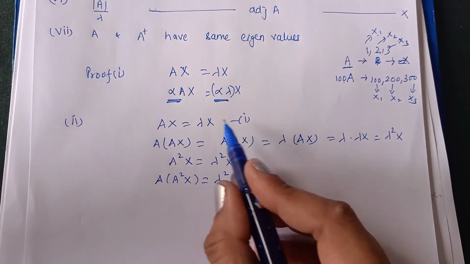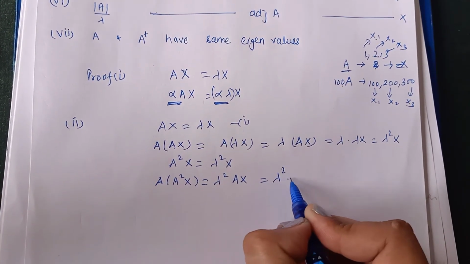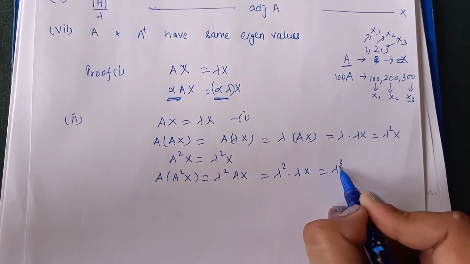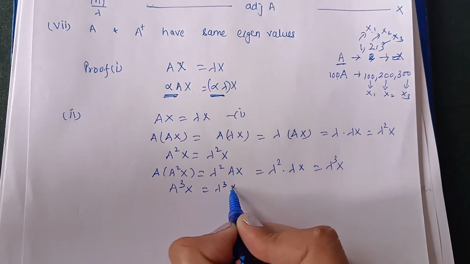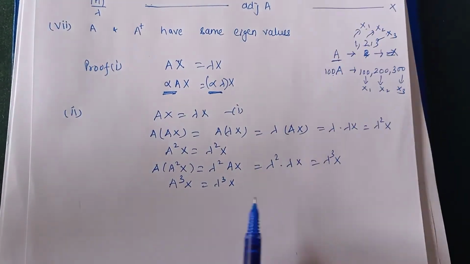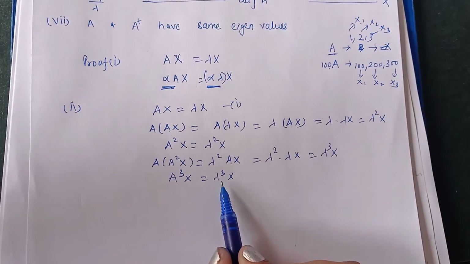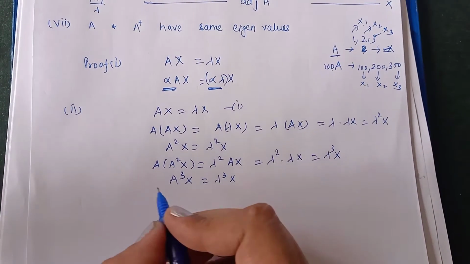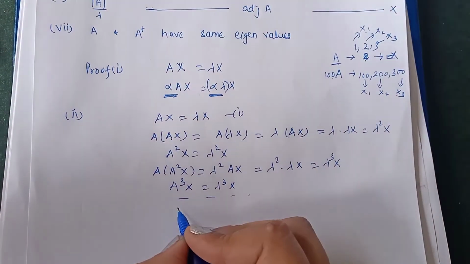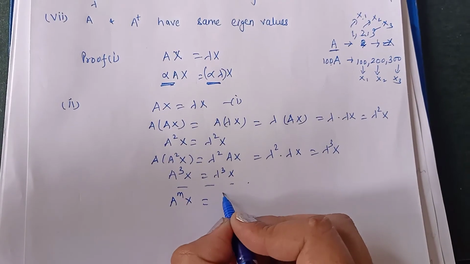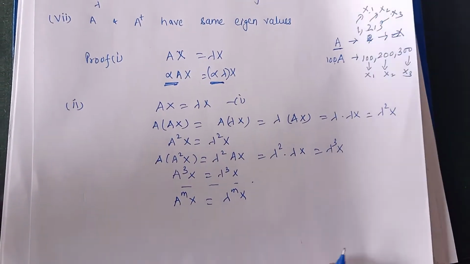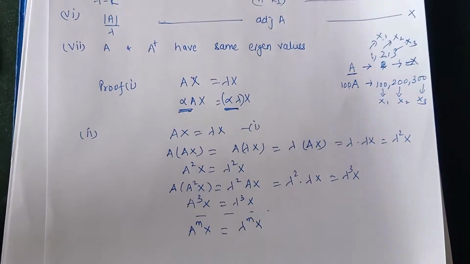Again put the value of Ax from equation number 1, this will be lambda into lambda x, so lambda cube x. So we have obtained A cube x is equal to lambda cube x. So corresponding to A cube, you have eigenvalue lambda cube. Proceeding similarly, multiplying m times, you will obtain the eigenvalue of A raised to power m is lambda raised to power m with corresponding eigenvector x.